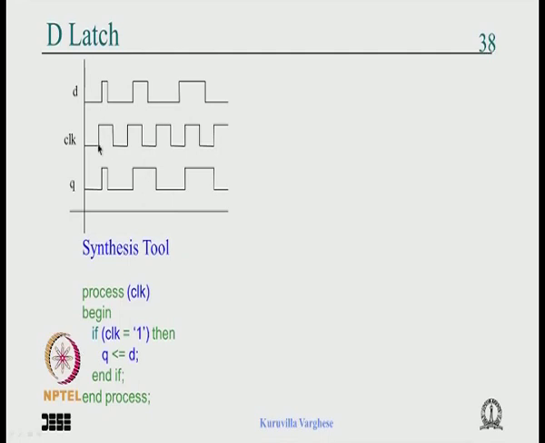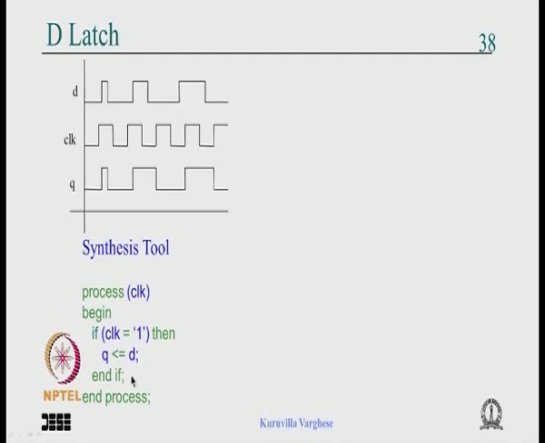If clock is 1, then whatever is at D will come on Q. When the clock goes low, it remembers. As far as the synthesis tool is concerned, you write process clock begin, if clock is 1 then Q gets D, end if, and the synthesis tool looks only at this.